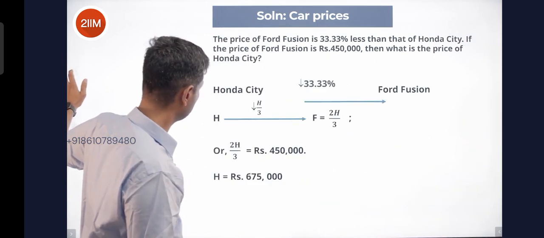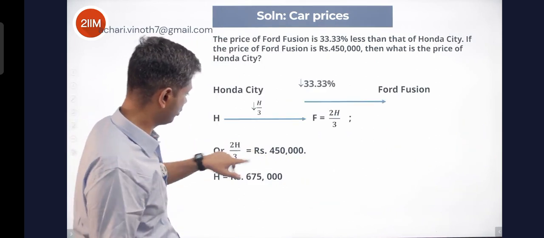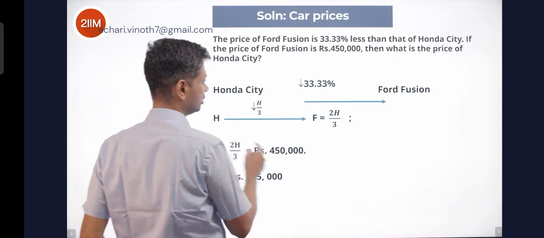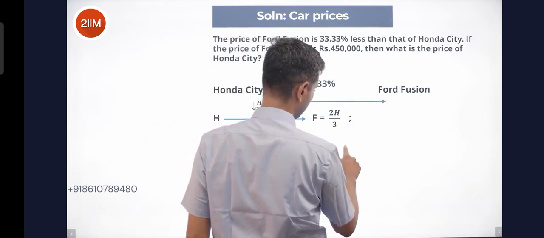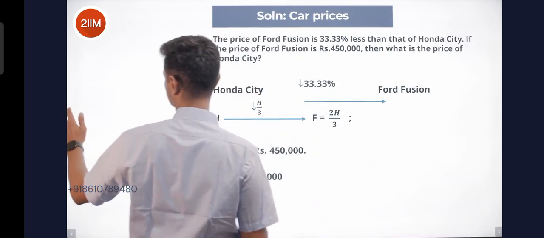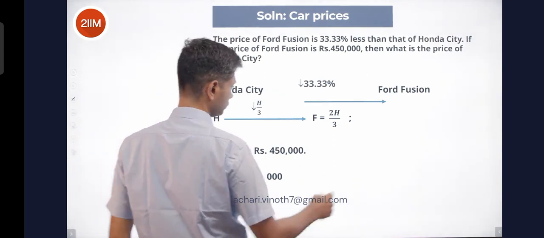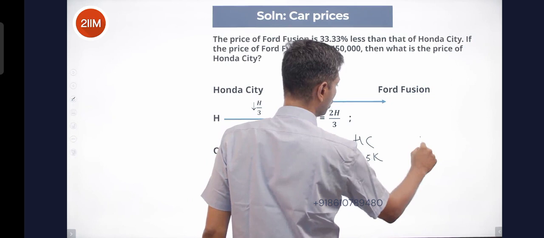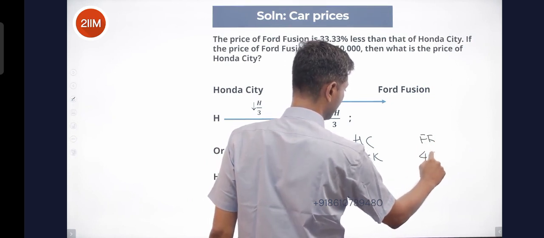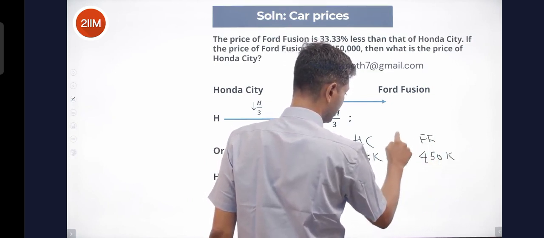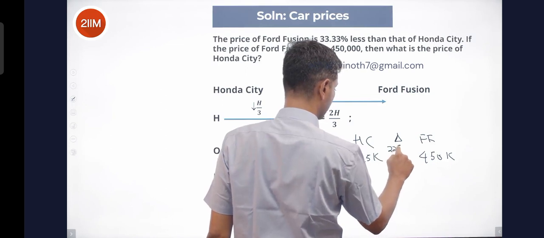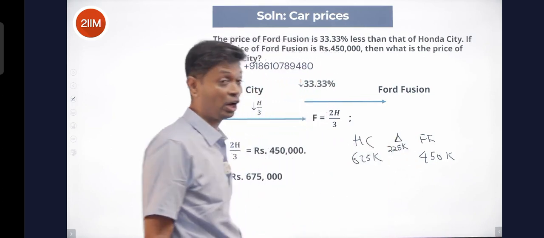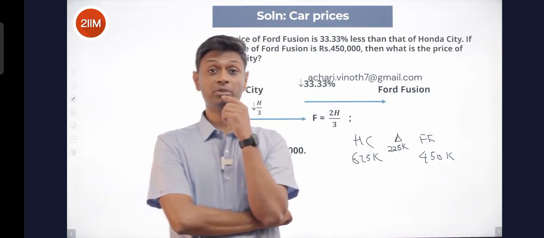Just to take these two numbers, this is 450, this is 675. Honda City is at 675K. Ford Fusion is at 450K. The difference is 225K. You can say Ford Fusion is 33.33% cheaper than Honda City.